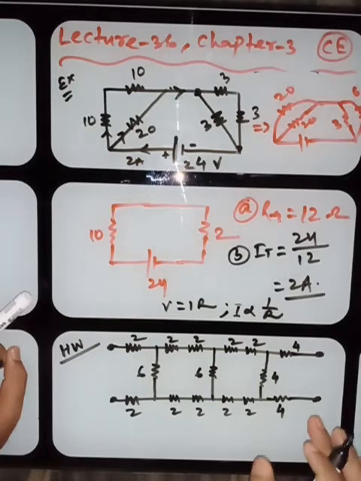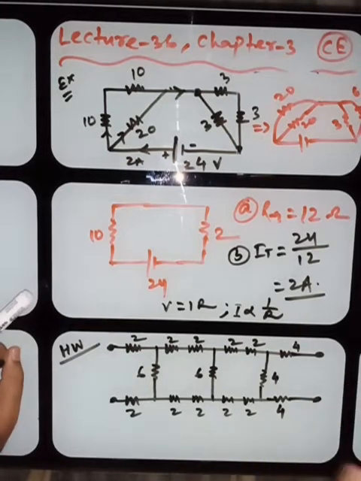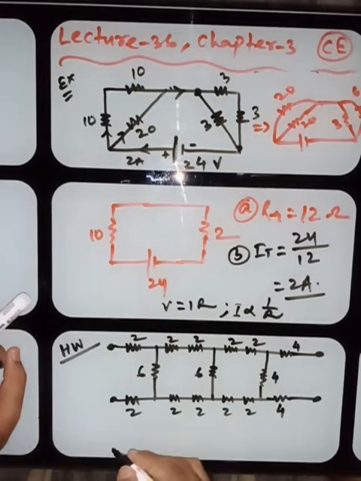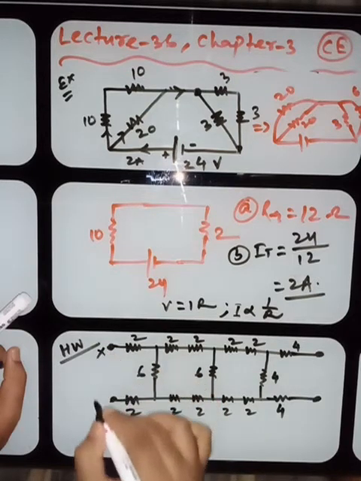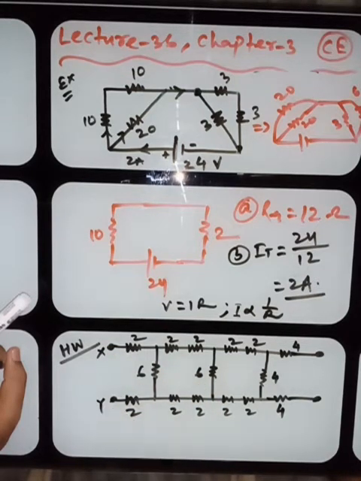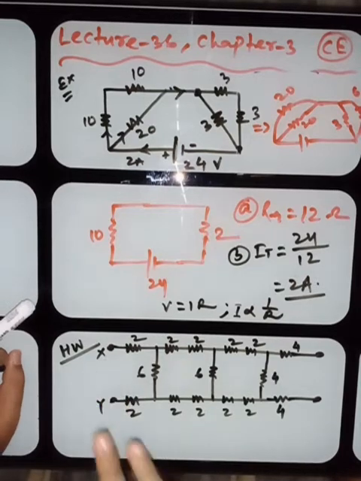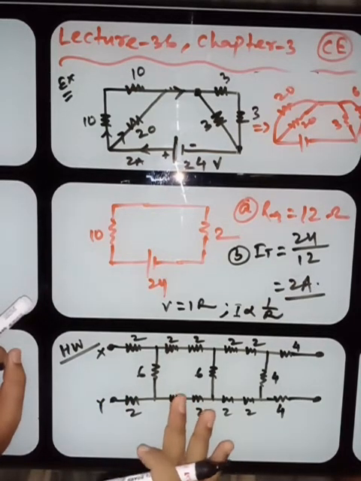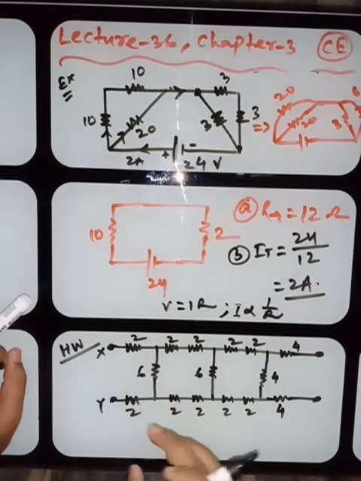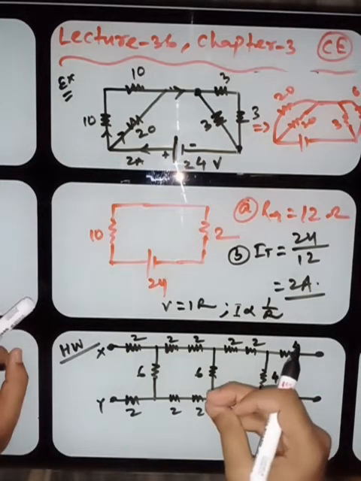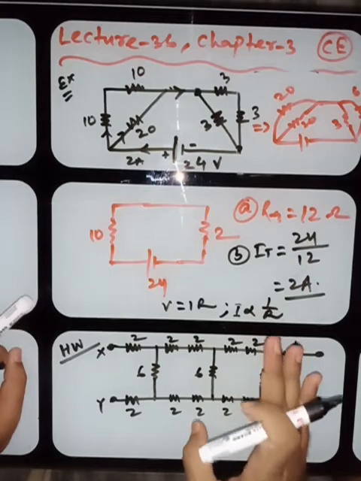Now the question, I hope, is very clear. You can see, the battery is connected at X and Y, and these are the free points. Battery is connected between X and Y. You have to find the current across each resistor.